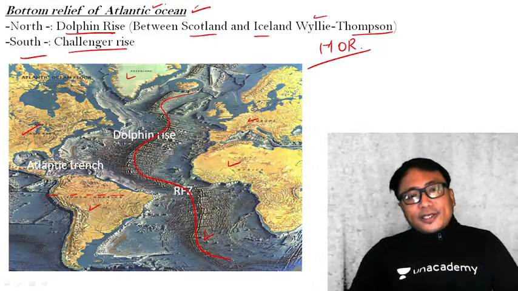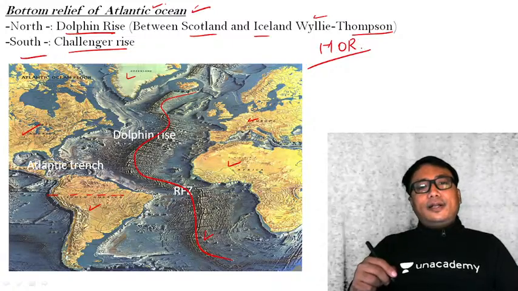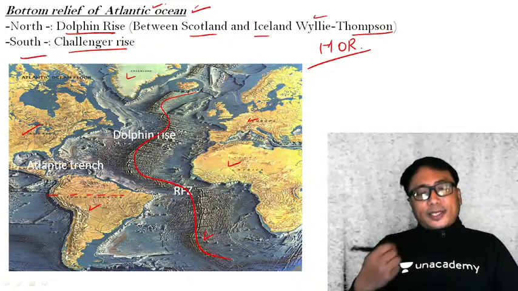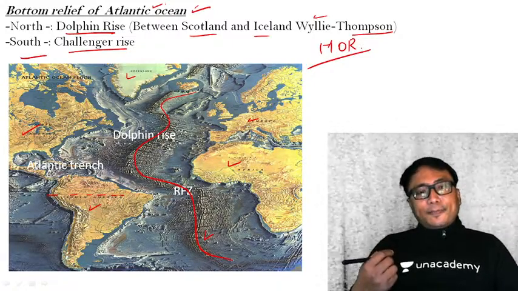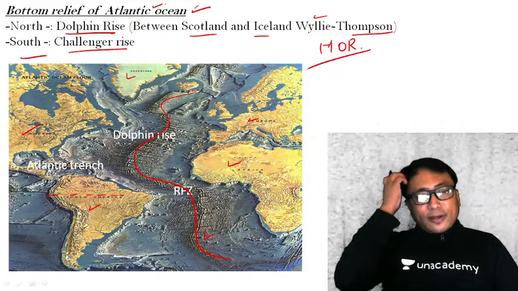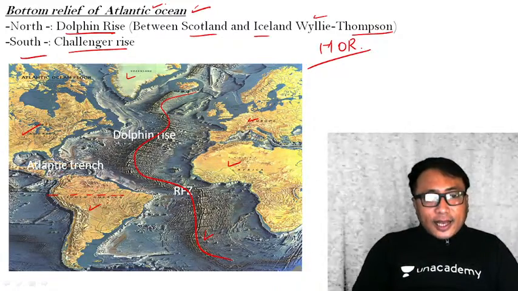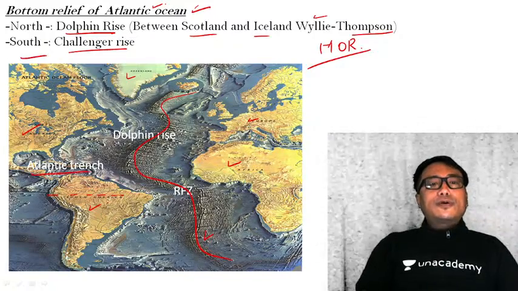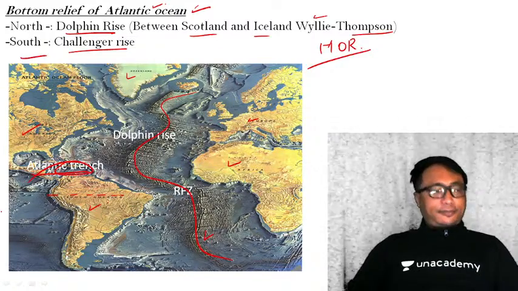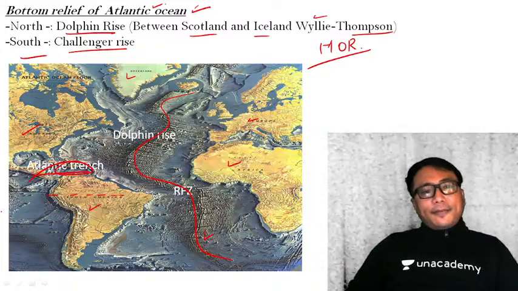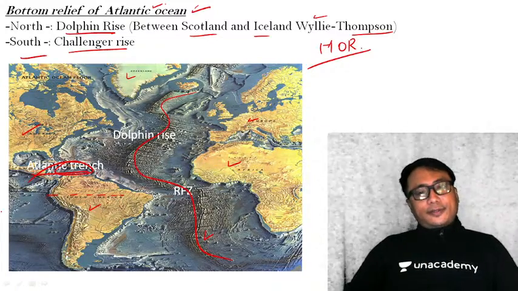You will not find trenches here. Another very prominent feature is that they are missing. But there is some exception. You have a trench known as the Atlantic Trench or Puerto Rico Trench in this particular region, in the Caribbean.